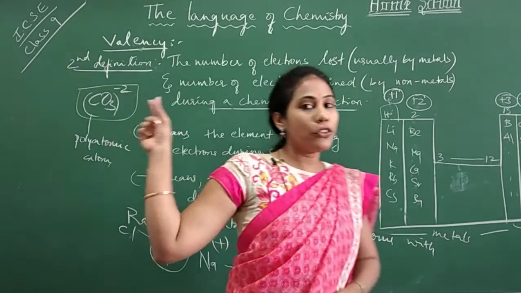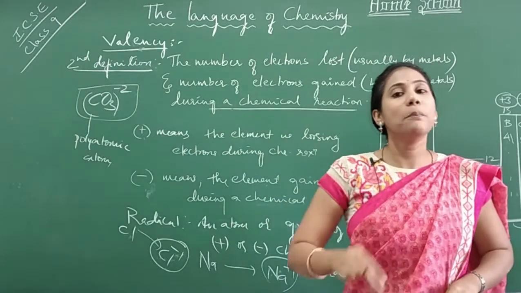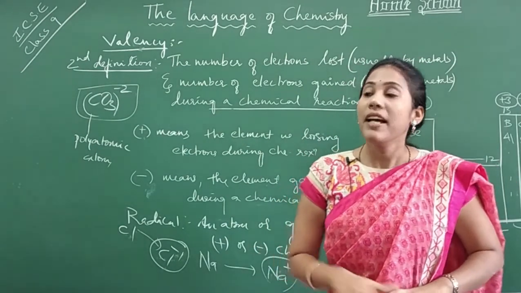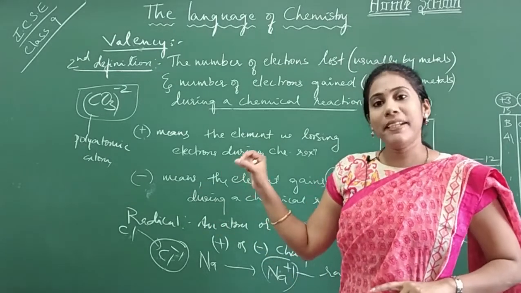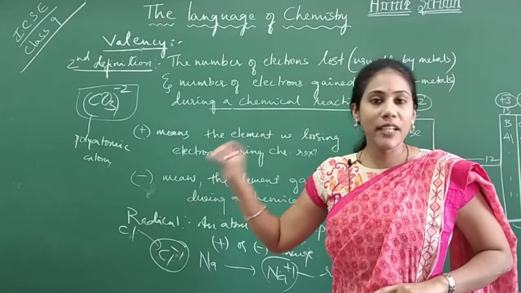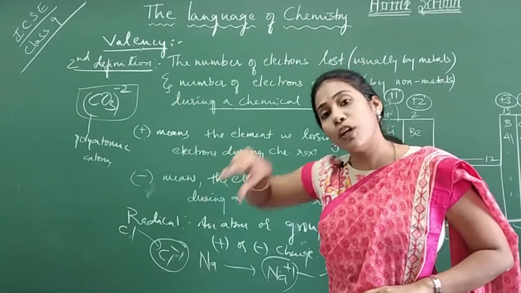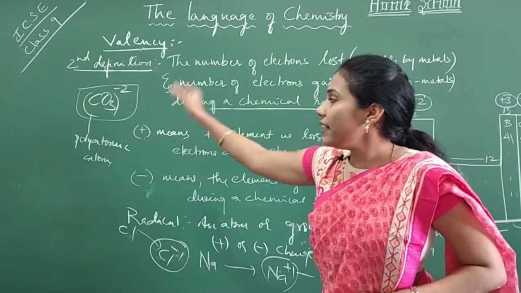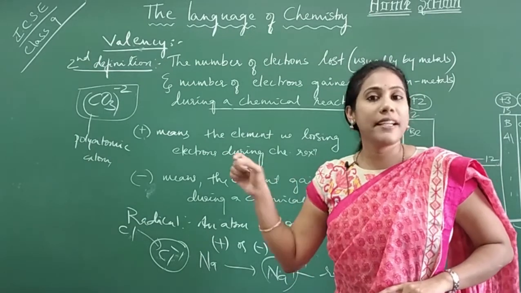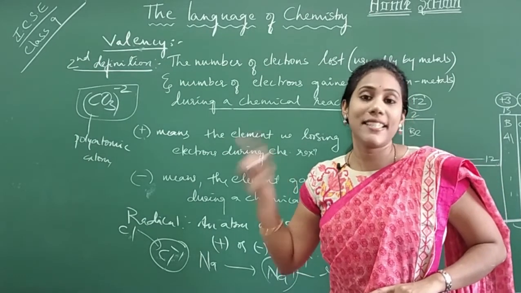Those groups are called polyatomic groups. Now I am giving you a chart of which elements have what valency and what we call them, a list of some polyatomic groups with their valencies as well as their names.